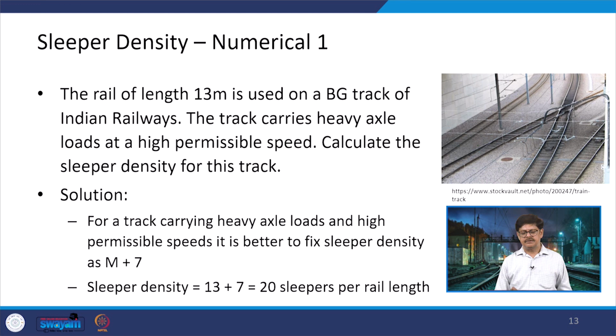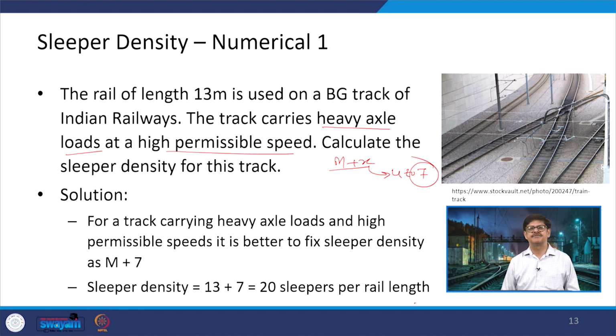Now, in this case, the condition given is that heavy axle loads are there and high permissible speeds are there. That means, for the factor m plus x, where x ranges from 4 to 7, we should go for the higher value of 7.